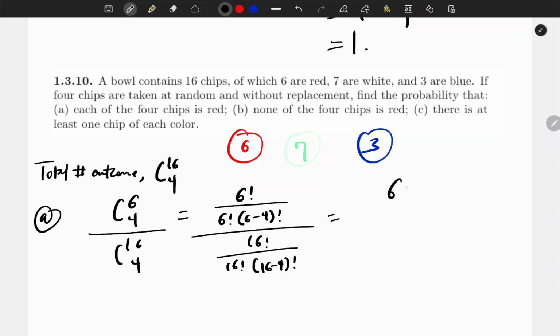So you can actually factorize this carefully and then get the desired result.